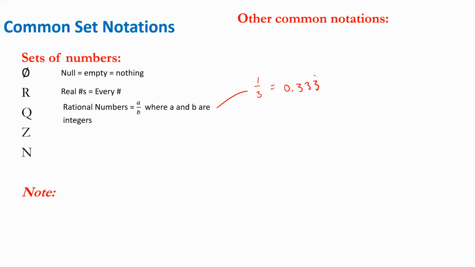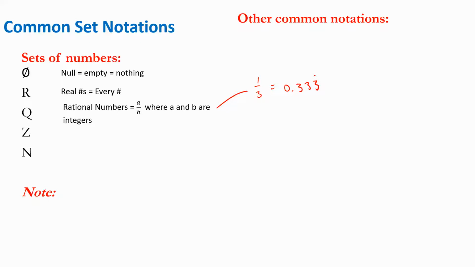So, right here, what I wrote here is a/b, where a and b are integers. Anyone remember what integers mean back in Year 7? What's an integer? A whole number. What else does it have to be? Positive and? Negative.